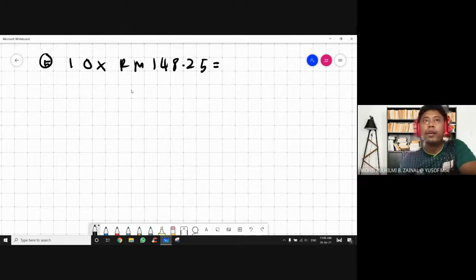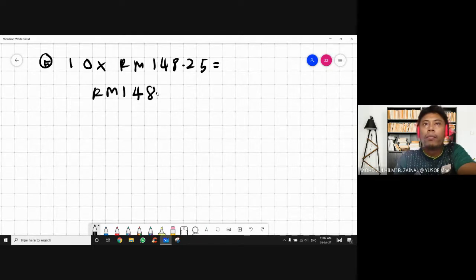Question number 5 ni, RM 148 ringgit 25 sen. First, buat macam biasa. Copy down the number, RM 148.25. Kalau kamu nak buat macam ni, okay.